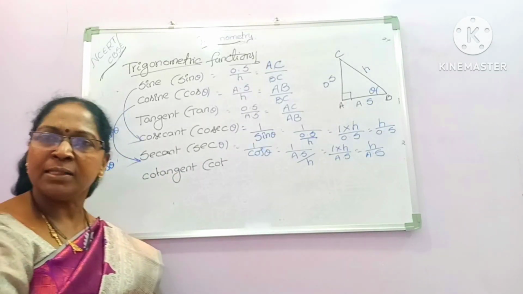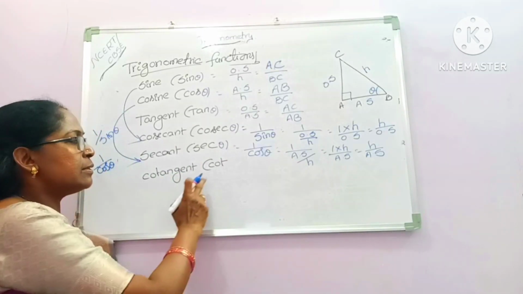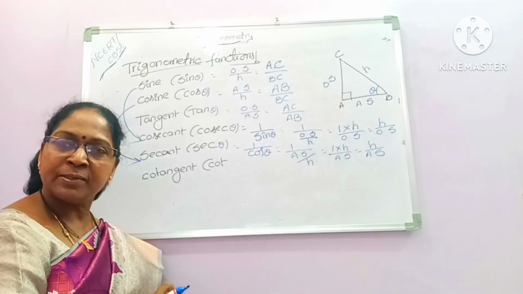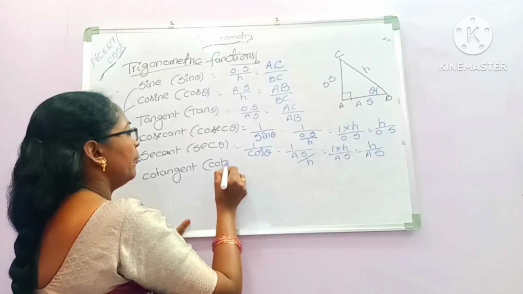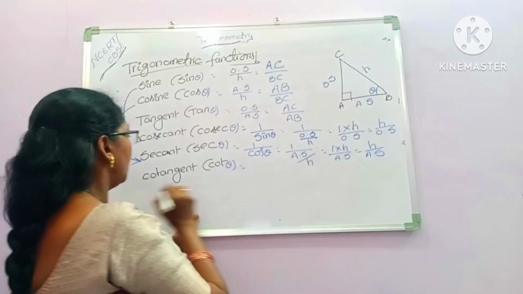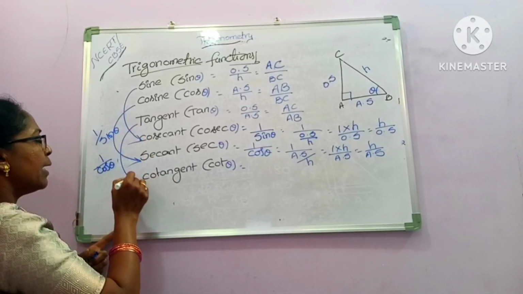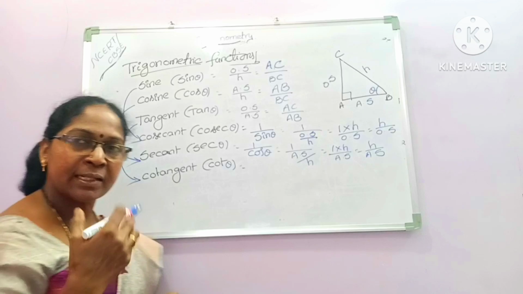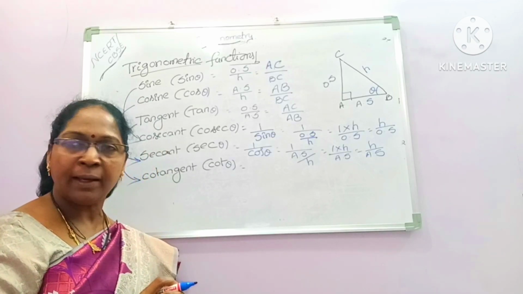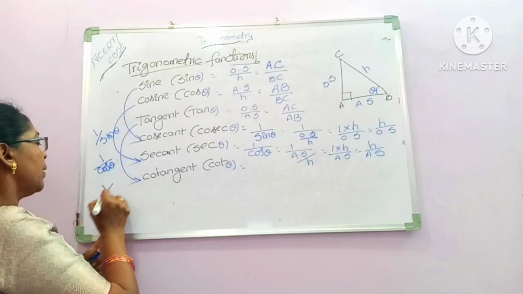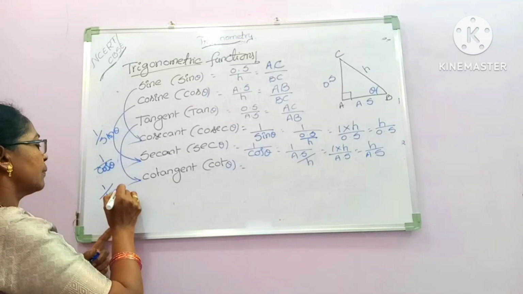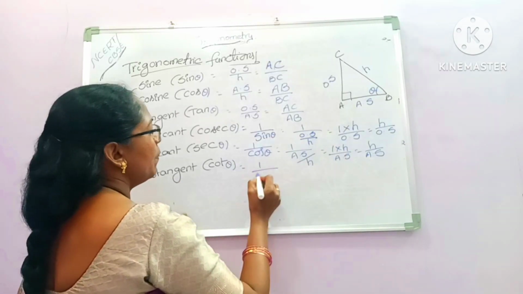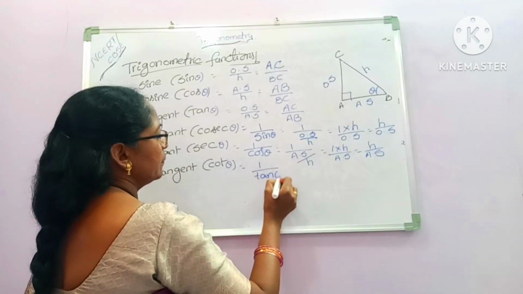Next one, last one is cotangent. In short form, how can you say? That is cot theta, where cot theta equal to the reciprocal of tan. What is reciprocal of tan? That is 1 by tan, that equal to 1 by tan theta.